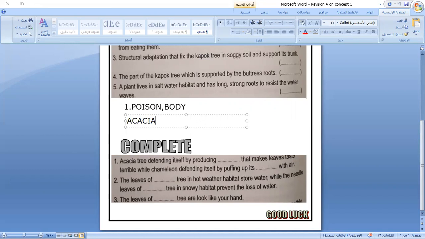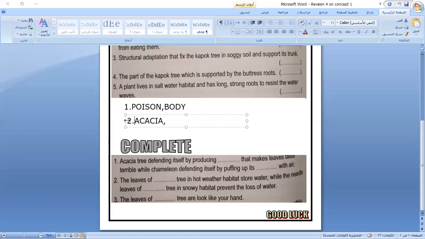Then the second part of the question, while the needle leaves of what tree, in snowy habitat prevent the loss of water. What tree have we studied that lives in snowy habitat or in polar area or cold area? Yes, of course. We have studied another plant called pine tree.